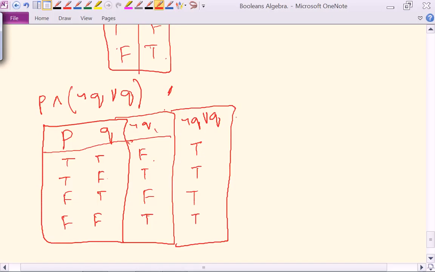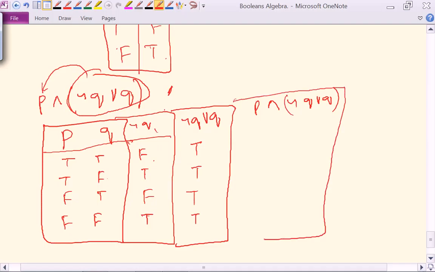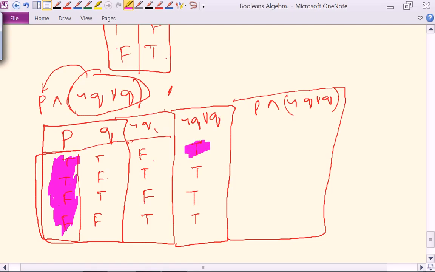Now we have calculated this, and we have to AND it with P. So we say P and (negation Q or Q). We take the P column and AND it with this result.